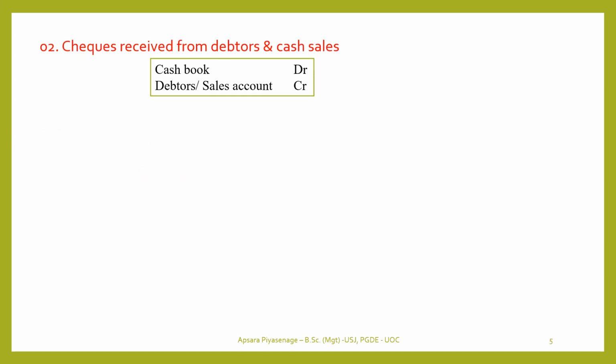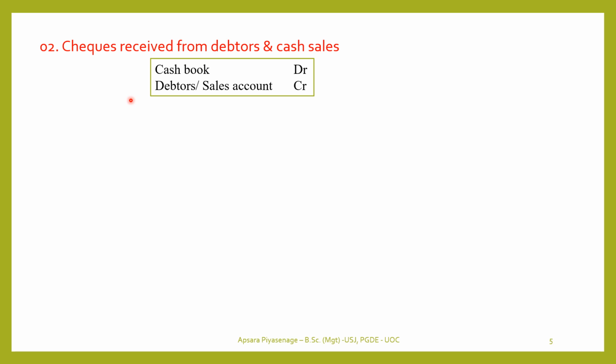The second transaction is checks received from debtors and cash sales. When a business receives checks from debtors or for cash sales, they record it in the cash book because as and when they receive the check, they don't run to the bank and deposit it.